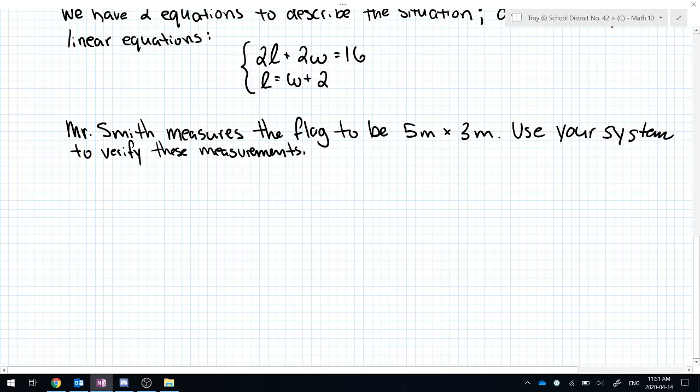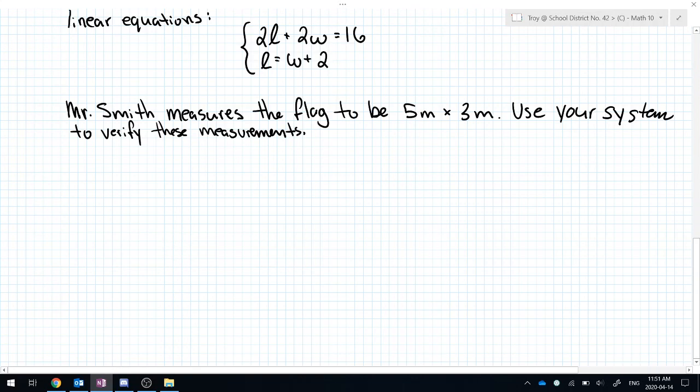So what that means is, if we were to substitute those values into the system that we just made, are those equations, both of them in the system, going to be satisfied? And when I say satisfied, I mean, is the left side going to equal the right side? Okay, so let's go in and check. So we'll check our first equation.